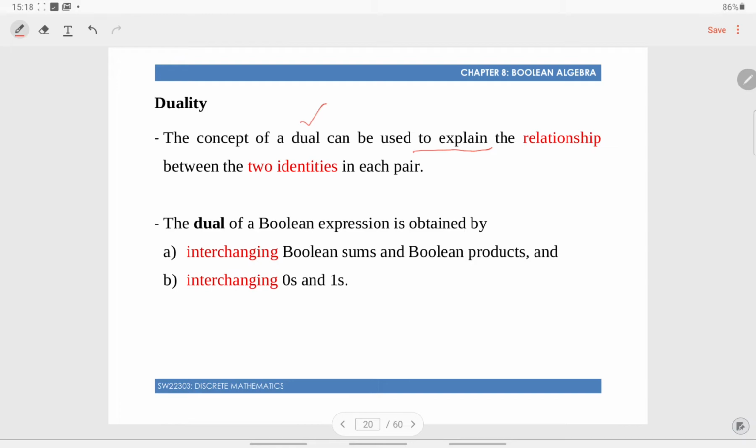The dual of a Boolean expression is obtained in two ways. The first way is to interchange Boolean sum and Boolean product. If we have a Boolean sum, we change it to a Boolean product. If we have 0, we interchange it to 1. Okay, that's duality.